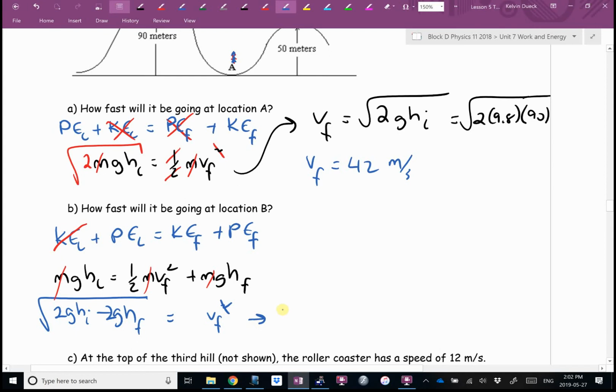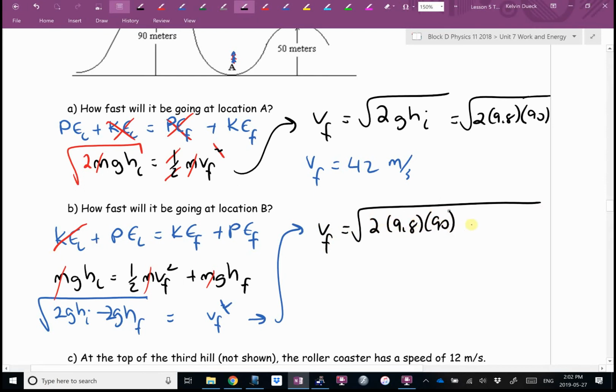So I'm going to end up with, running out of room here, v final being the square root of 2 times 9.8 times 90 minus 2 times 9.8 times 50. Oh, I think this works out evenly too, quite amazingly.